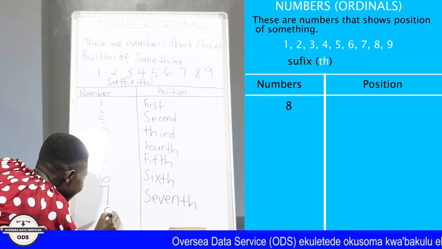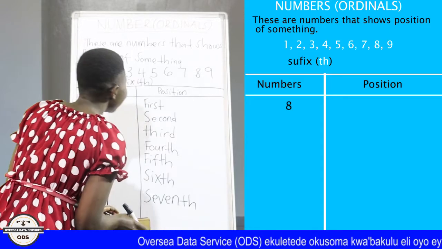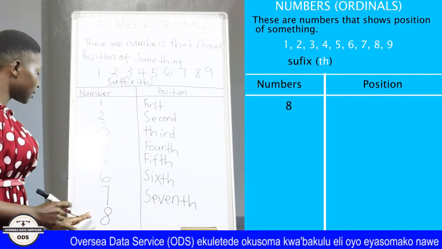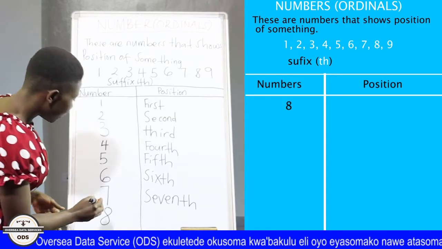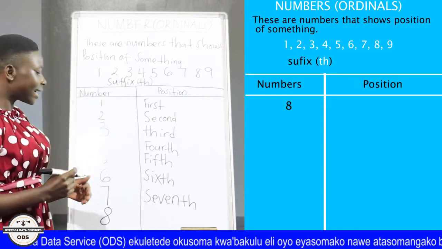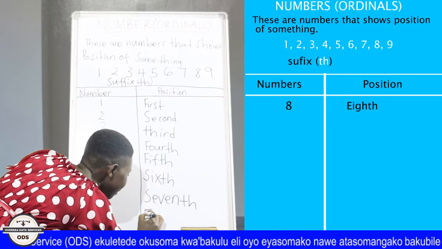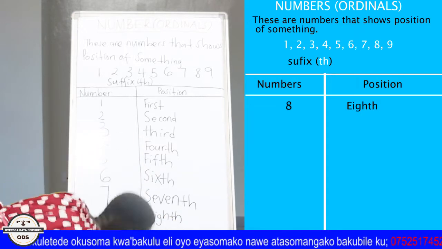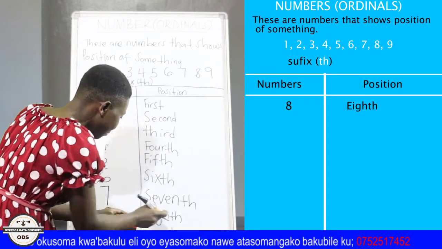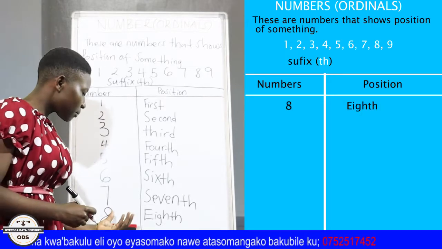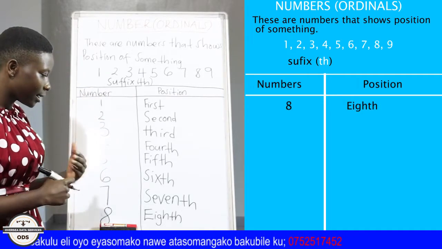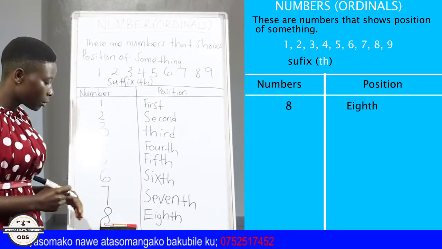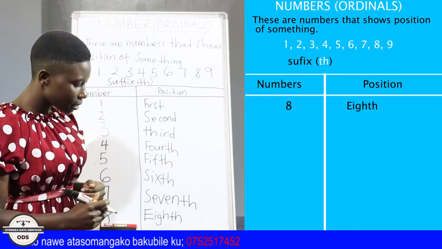Okay, let us continue and we see 8. How do we position 8? We write the 8th. Still we are adding our suffix th. At first, when you're counting numbers, this one is 8, number 8.